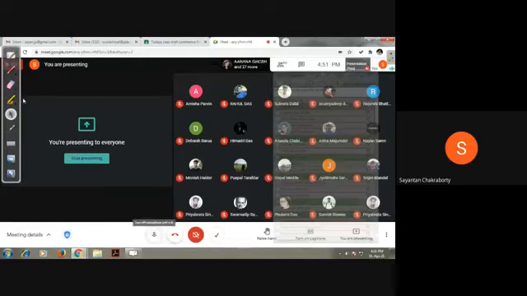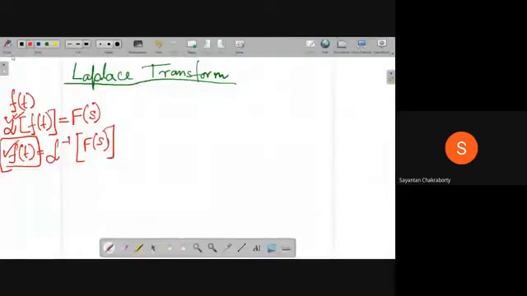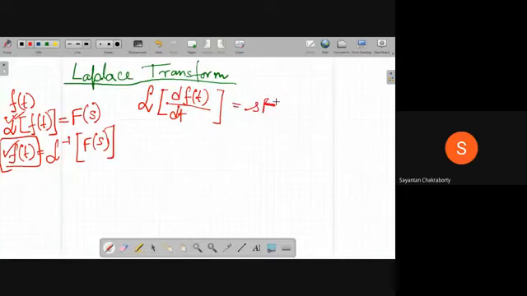So I'll just briefly write down some formulae that may be required. The important formula that you should remember is sF(s) minus f(0).